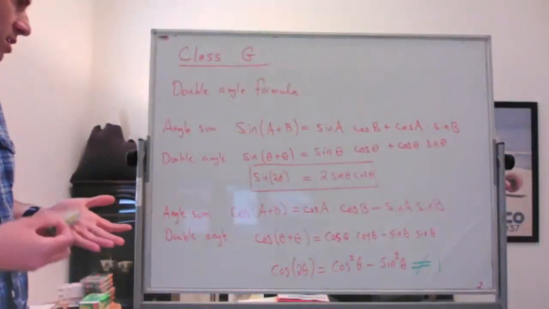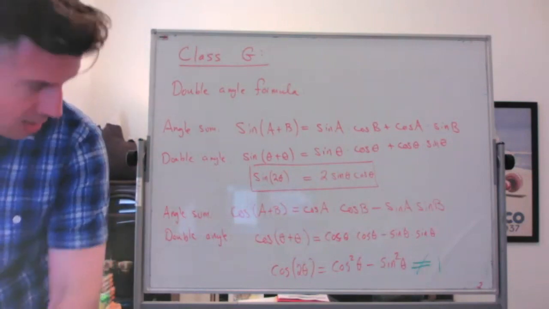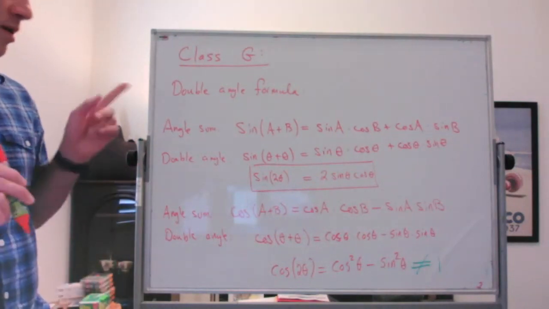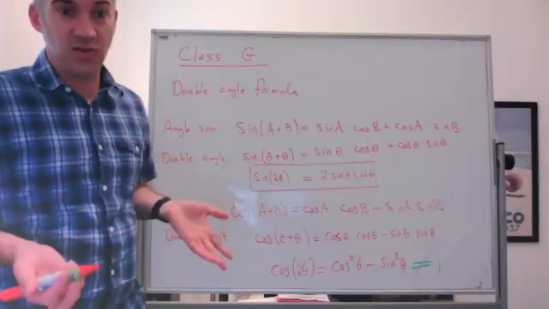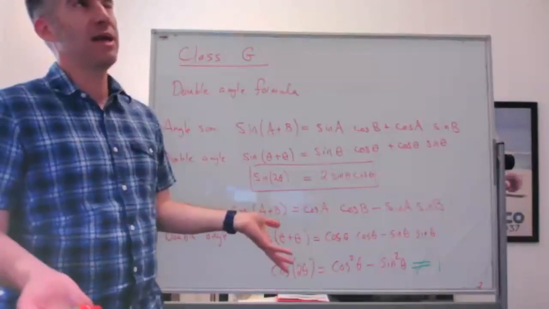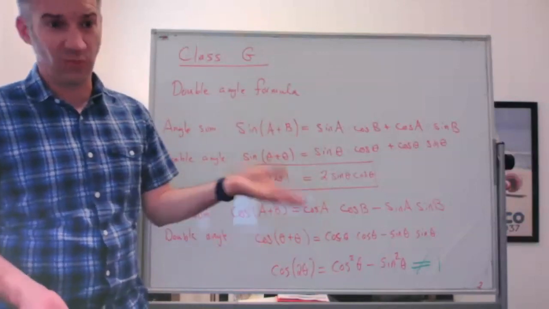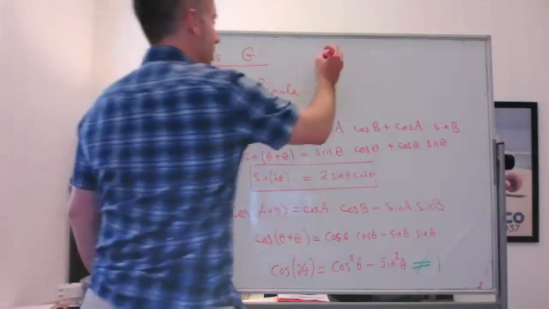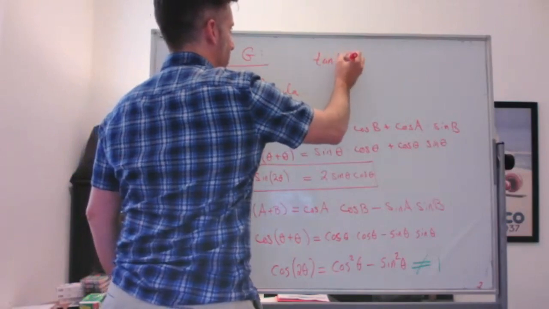And something else I want to say, a couple things. Thing one, if someone ever asked you to do tangent of 2 theta, I couldn't tell you it. I could almost guess what the formula is. I don't really know. But if someone said, James, what's tangent of 2 theta?